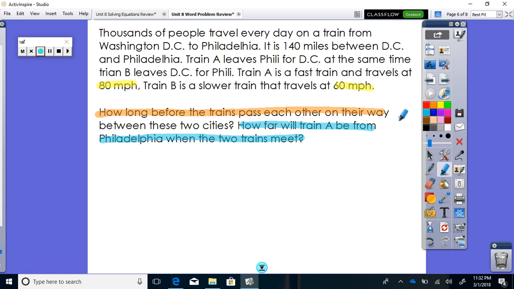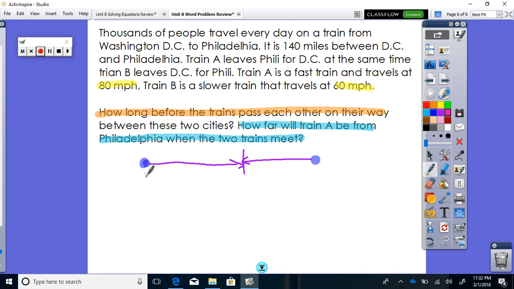This time the diagram is a little bit different because you have one train leaving from DC and the other train leaving from Philly, and they are driving towards each other, and it wants to know, when are they going to pass? So basically, when are we going to complete this distance between the two trains?